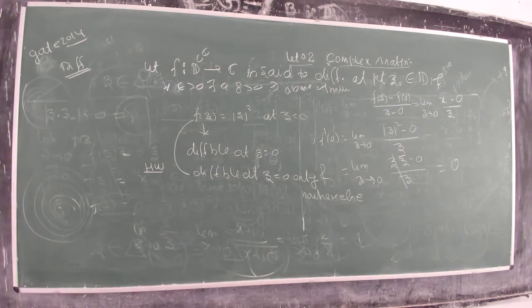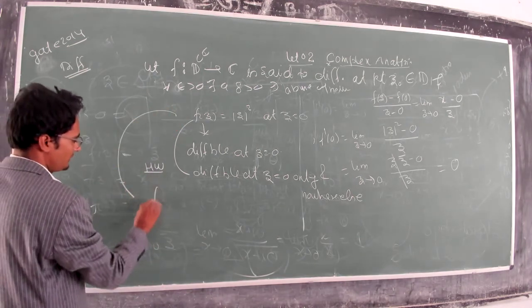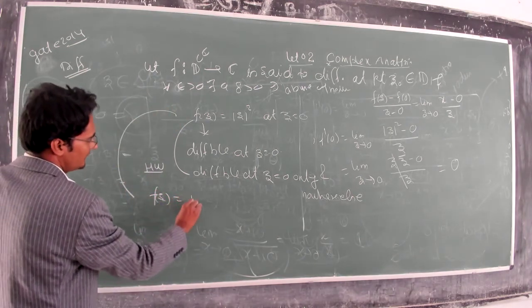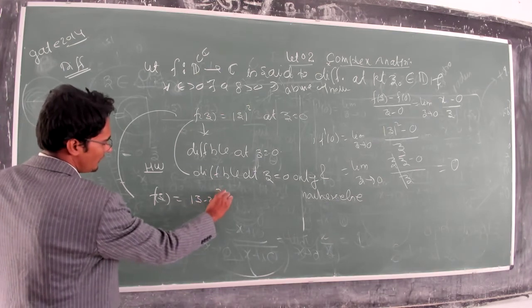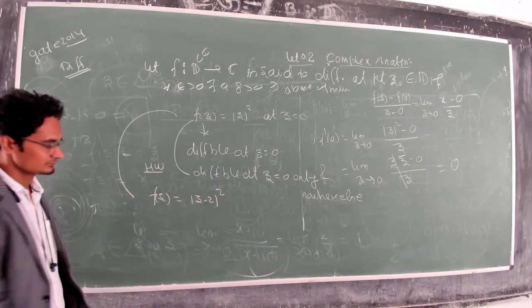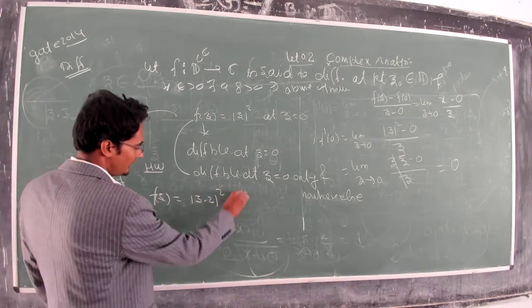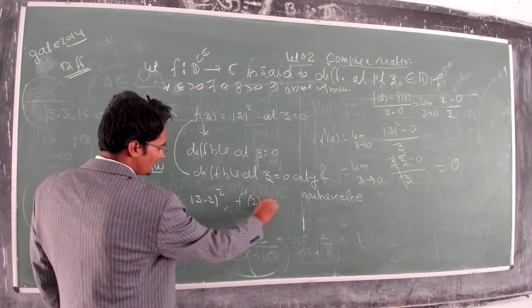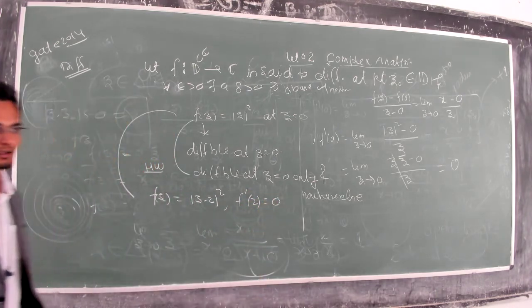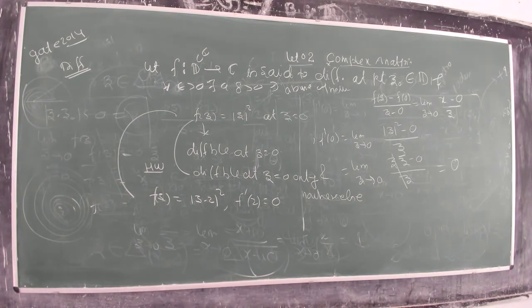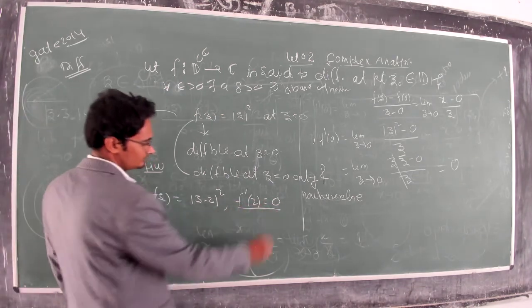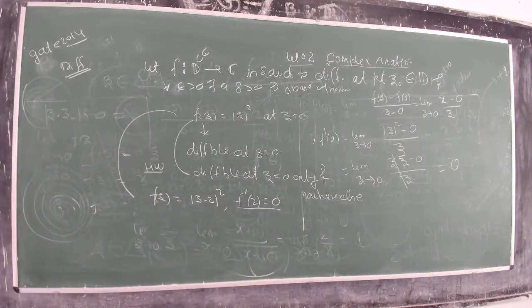All right. Homework. Same. If I write f(z) equal to mod of z minus 2, whole square, then you can check it at f dash 2. This will be differentiable, and the differentiation value will be 0. Okay.